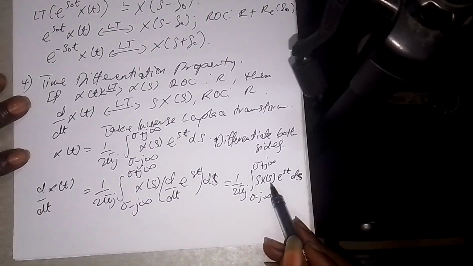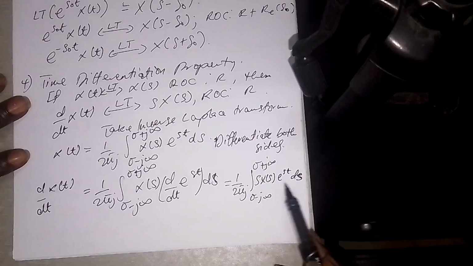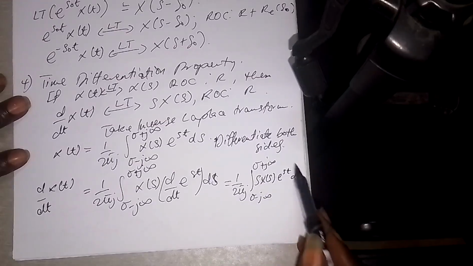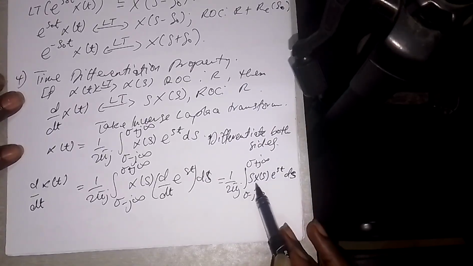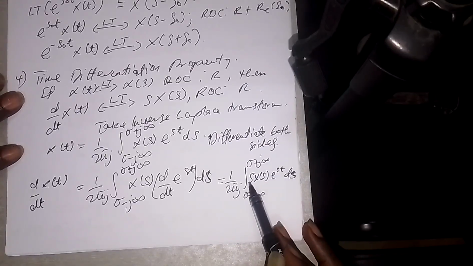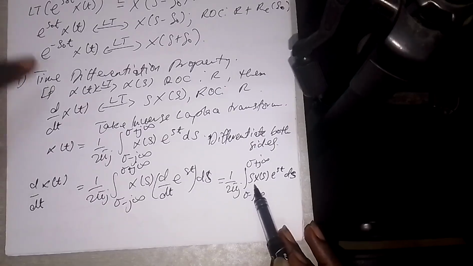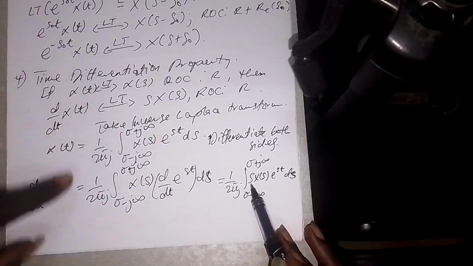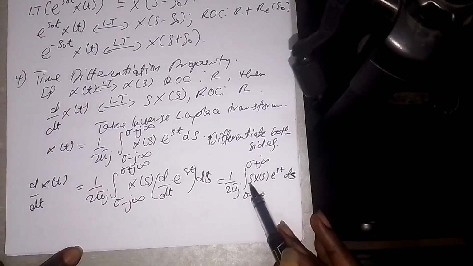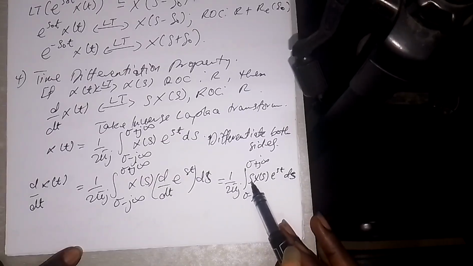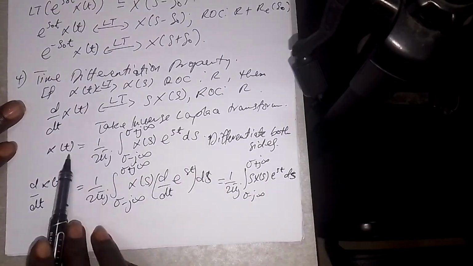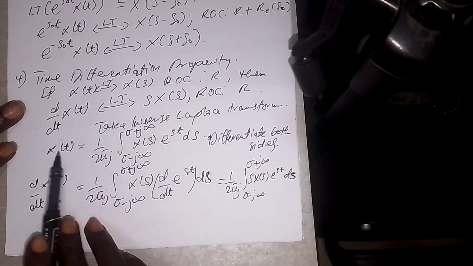If you take a look at this equation, except for this s, if I remove this s from inside, then the whole equation represents x of t.